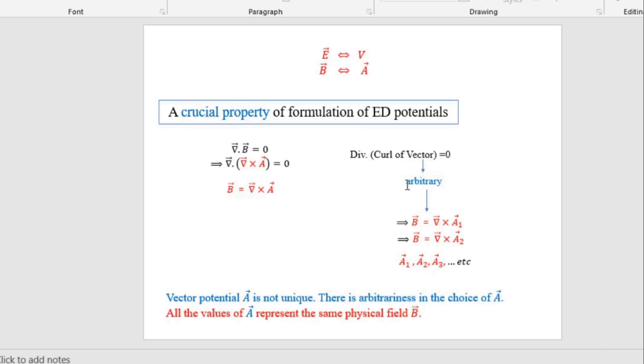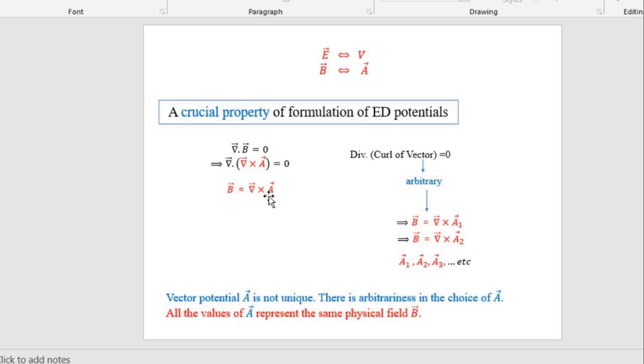This means that in the relation B is equal to curl of A, we chose this arbitrary vector as A in the beginning, and we have defined this A as the vector potential A. Since this vector is arbitrary, we can choose any arbitrary value of this vector A in this position to write down B is equal to curl of A.